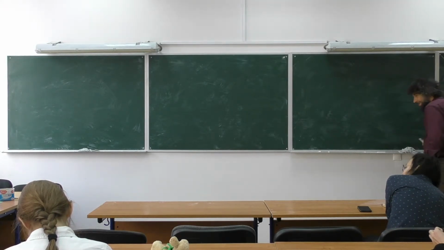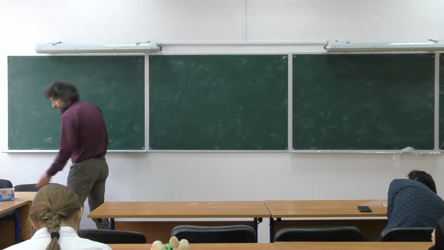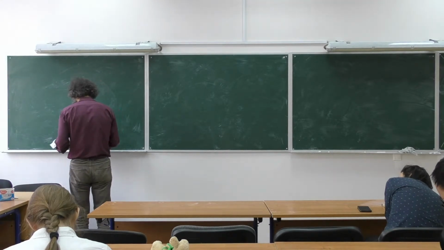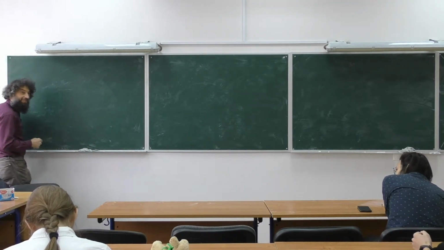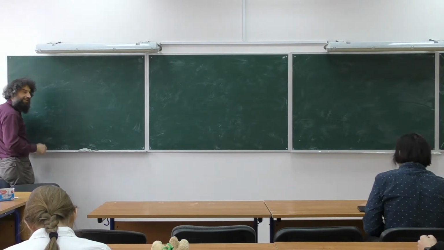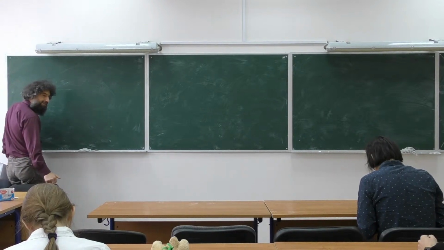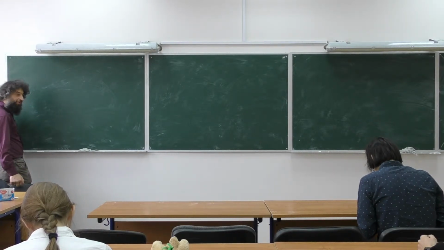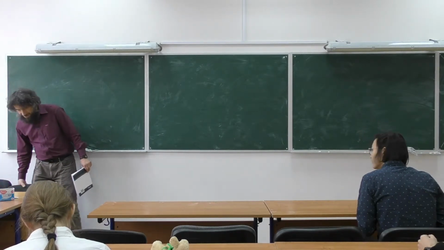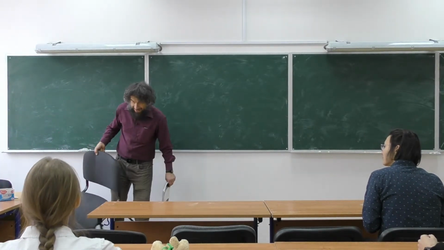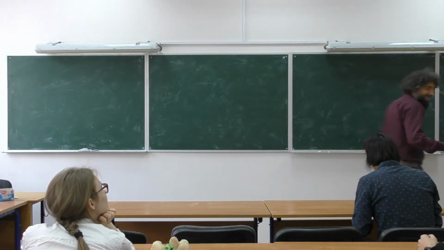Okay, so let me recall where we are. First of all, we constructed some monad last time, and I explained the etymology of the word monad in an absolutely wrong way. I said that monad is something about dress or garments.